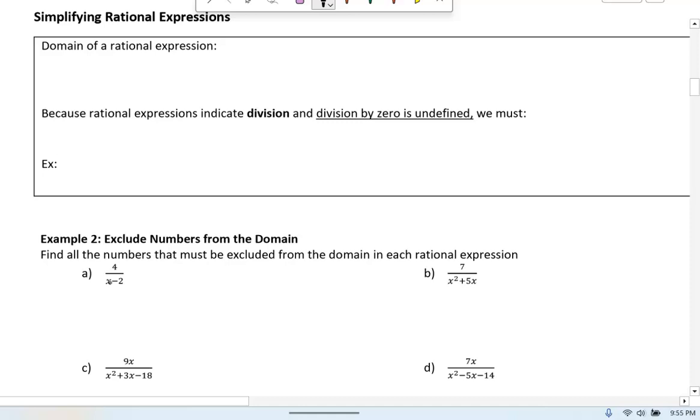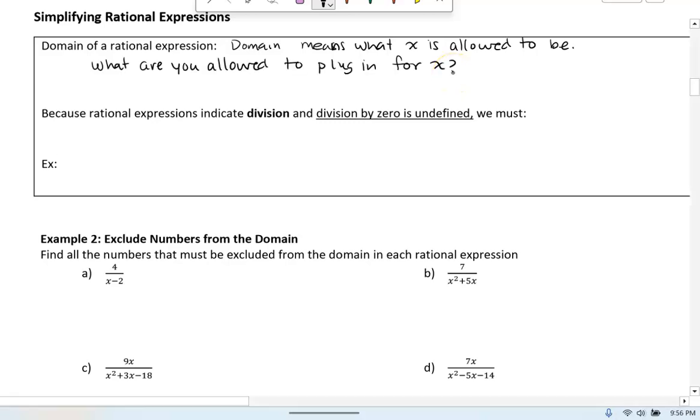And there are restrictions that are extremely important that you have to be aware of for every single problem in these notes. So in the box where it says domain of a rational expression, domain means what x is allowed to be. What are you allowed to plug in for x?